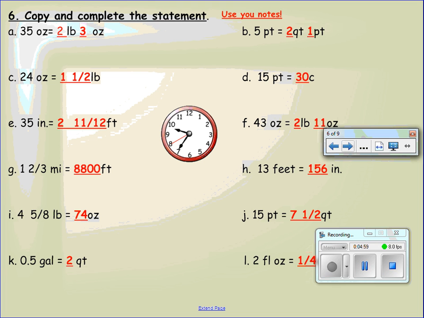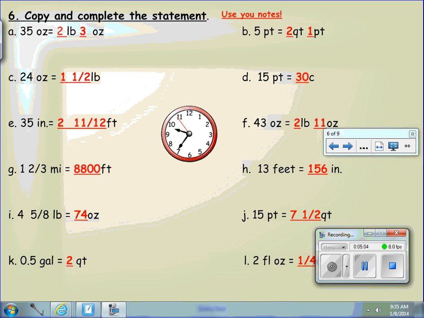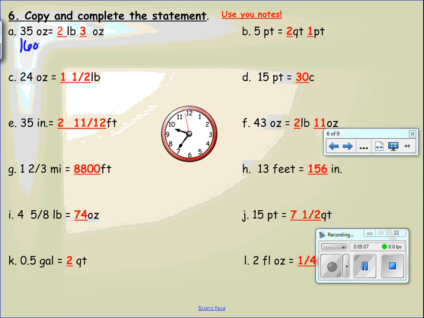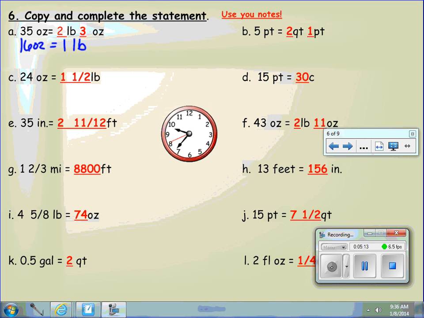Right below it, we're going to write down what we know, and we know that there are 16 ounces in 1 pound. So we are taking 35 divided by 16 because there's 16 ounces in a pound. 16 goes into 35 2 times with 3 left over. So 35 ounces is equal to 2 pounds, 3 ounces.